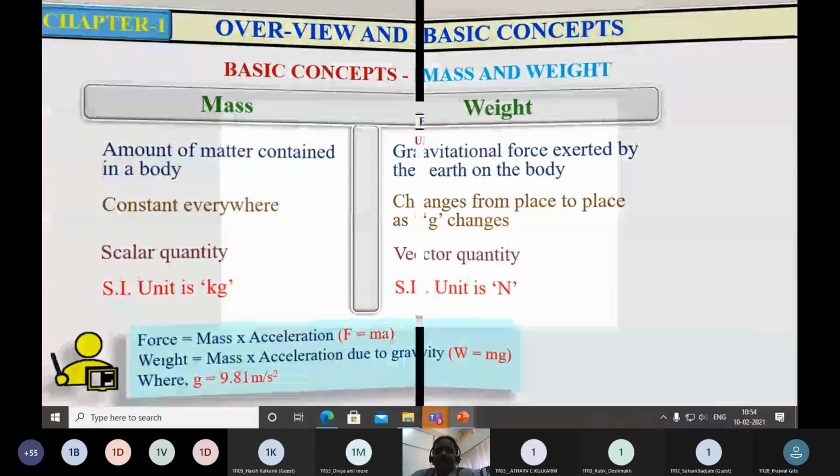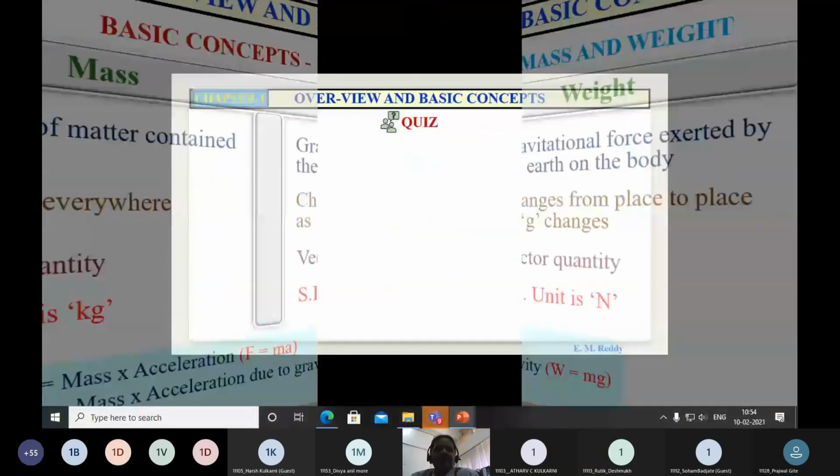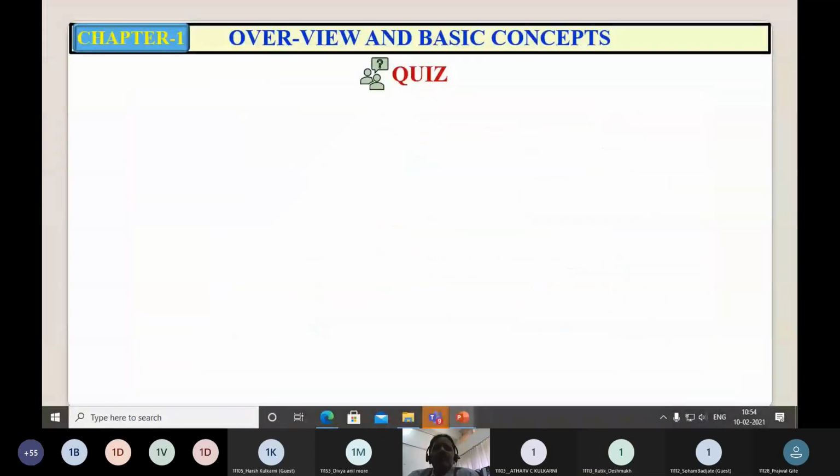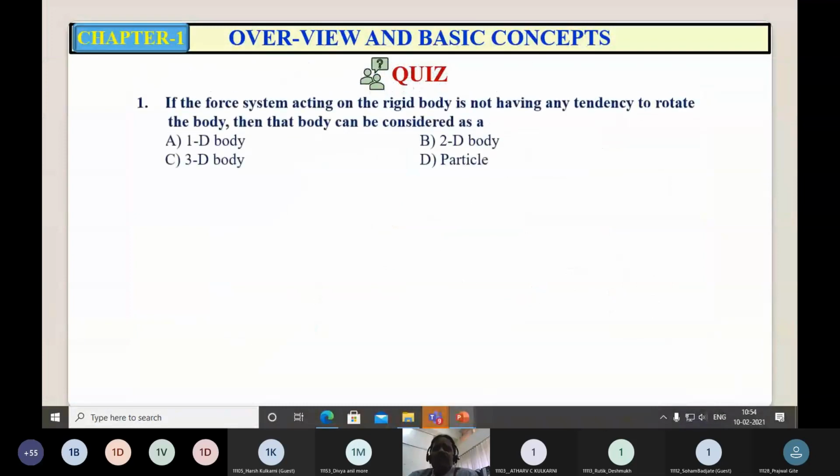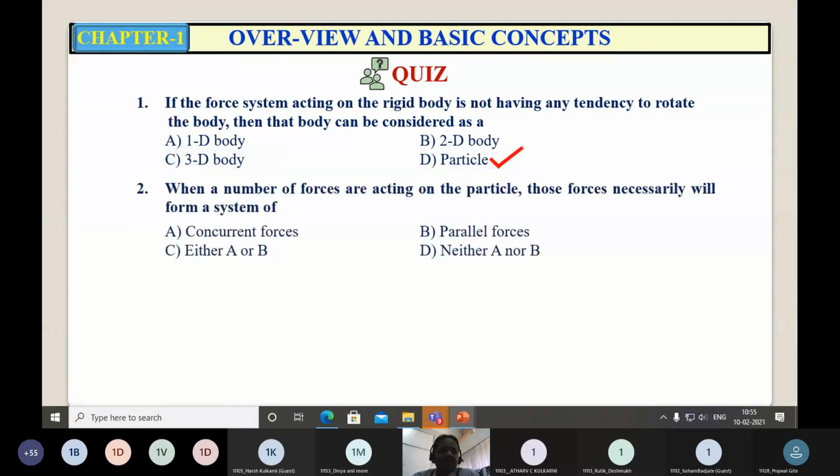Quiz time. If the force system is acting on a rigid body which is not having any tendency to rotate the body, then the body can be considered as a particle. Then, when a number of forces are acting on the particle, those forces necessarily will form a system of concurrent forces.